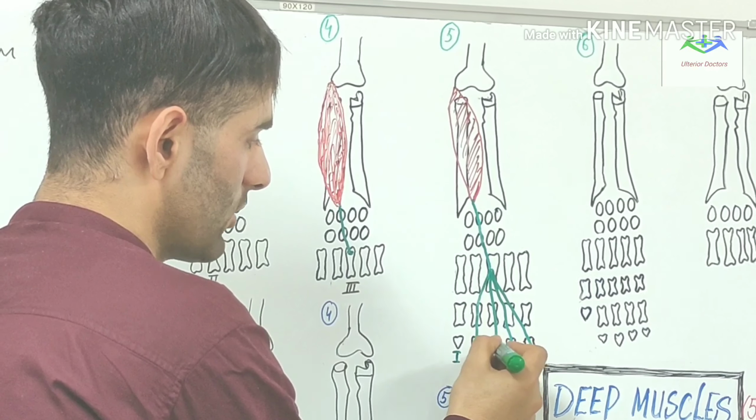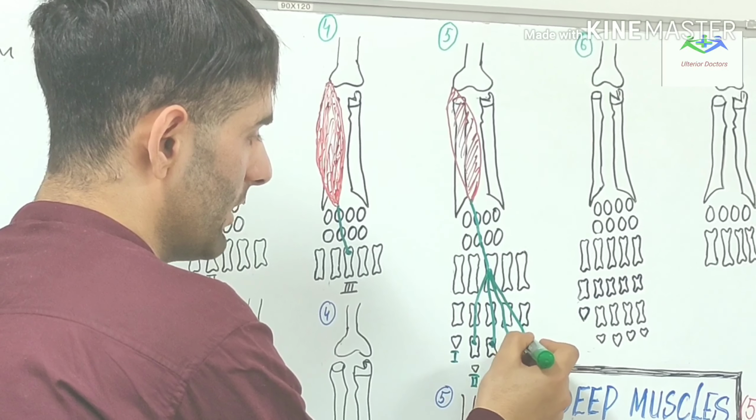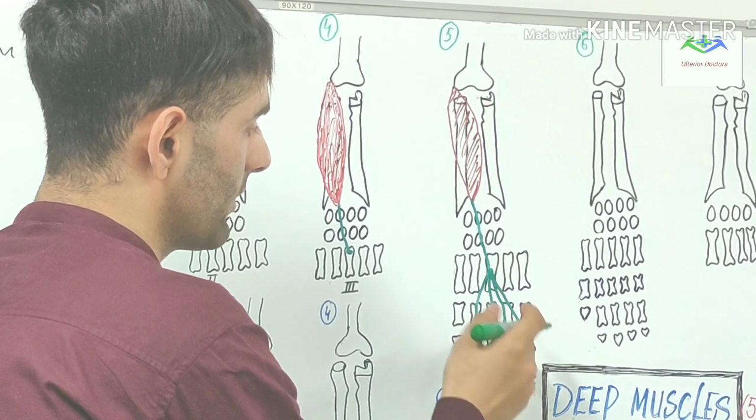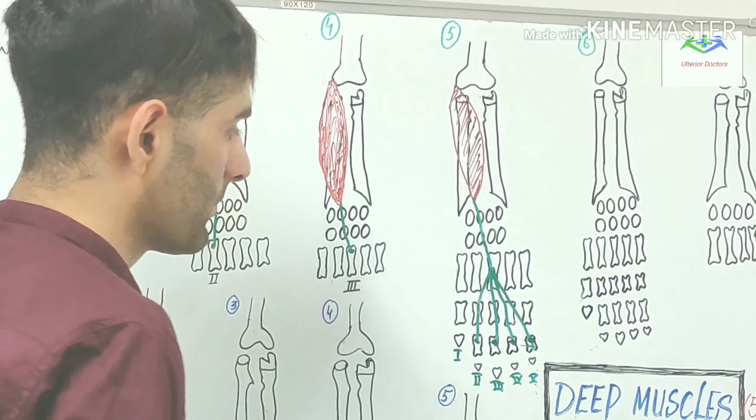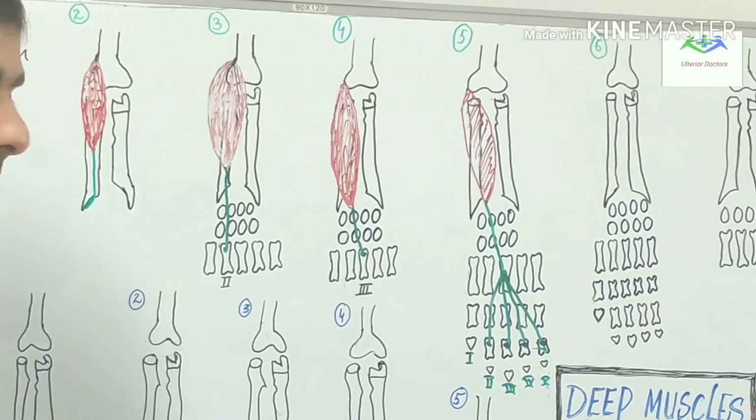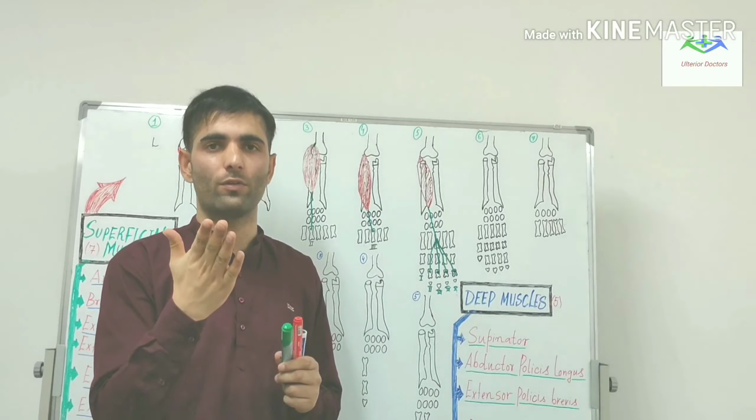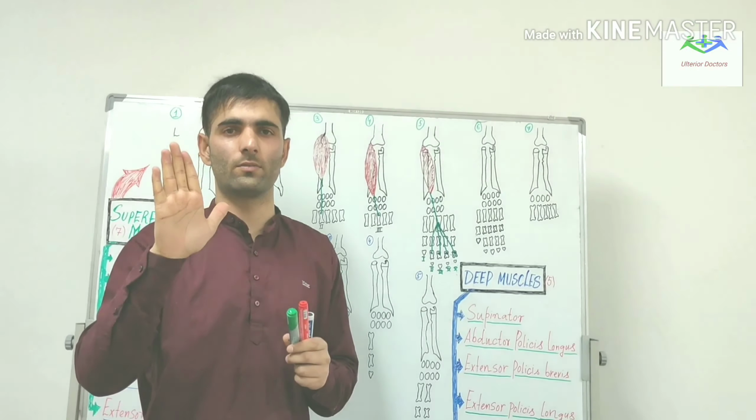These are the bases of the middle phalanges where these tendons get inserted. The main action of this muscle is extension of the fingers.